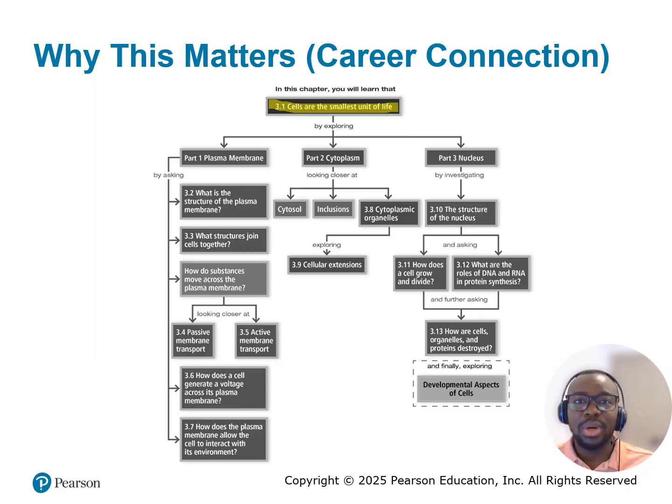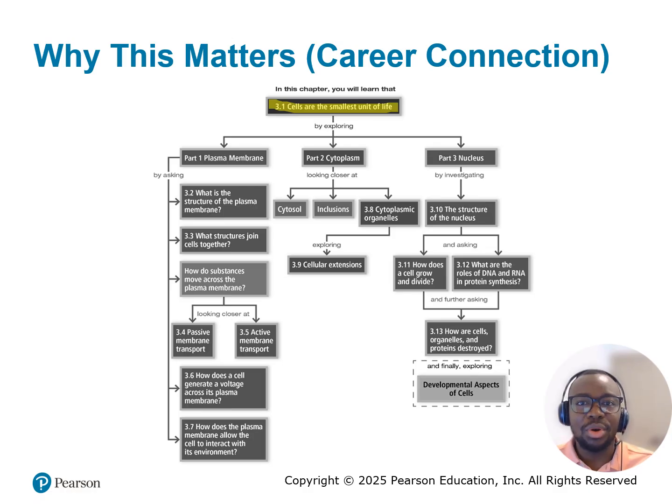Understanding how cells work helps us understand how the human body works. When you learn about the plasma membrane, you're learning about how cells communicate and protect themselves. When you study organelles, you are uncovering how energy is produced, proteins are made, and waste is managed.